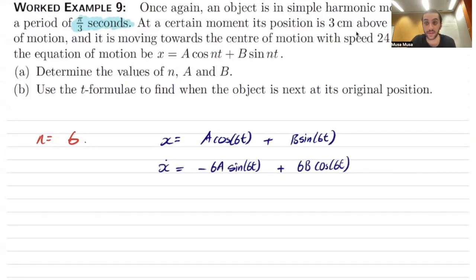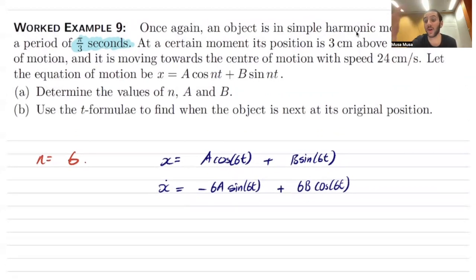Makes our lives a lot easier. One of those things that we can do is, because it says anytime, there's this particular point in time where you're 3 centimeters above and you have a velocity of negative 24, you can just make that at time equals 0. So say at t equals 0, x equals 3, x dot equals negative 24.